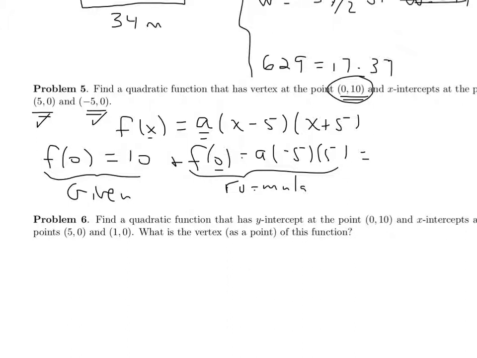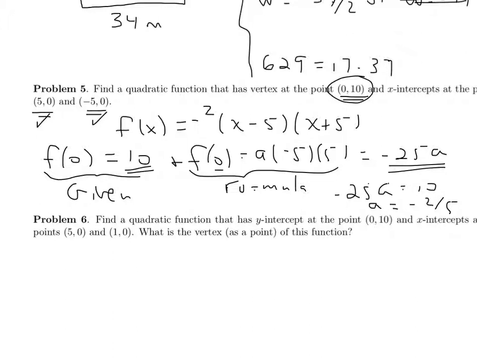So f of 0, negative 5 times 5 is negative 25a. So f of 0 is negative 25a, but f of 0 is supposed to be 10. So that tells me that negative 25a is equal to 10, and so a is negative 2/5. So my formula then is this f of x that I wrote down, but instead of having the a in front, I'll have negative 2/5.